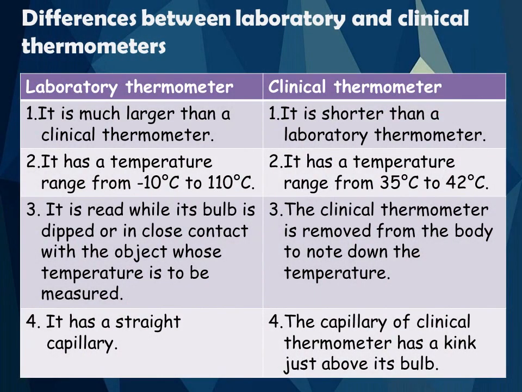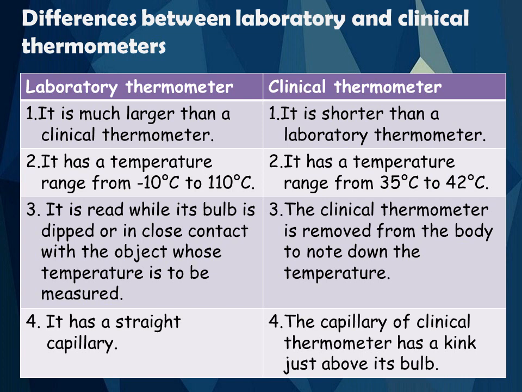Differences between laboratory and clinical thermometer. A laboratory thermometer is much larger as compared to clinical thermometer. A laboratory thermometer has a temperature range from minus 10 degrees Celsius to 110 degrees Celsius, whereas a clinical thermometer has a temperature range from 35 degrees Celsius to 42 degrees Celsius.